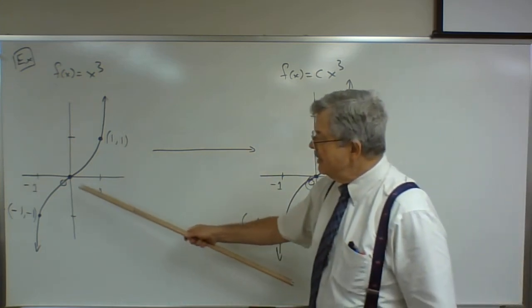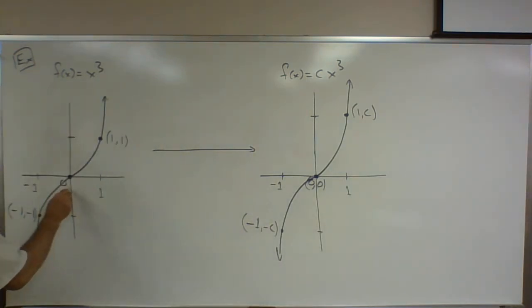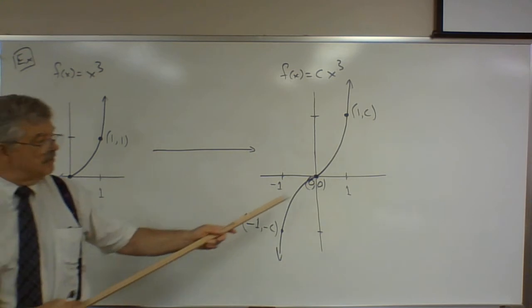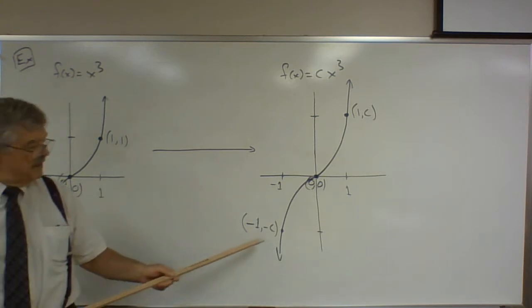The y coordinate of this point, which is 0, is multiplied by c, but 0 times c is still going to be 0. And the y coordinate of this point, -1, is multiplied by c, so we get -c.